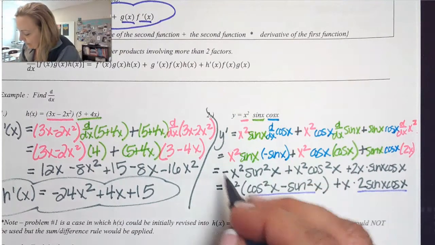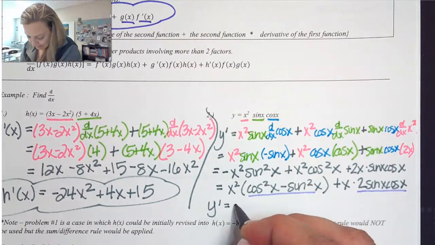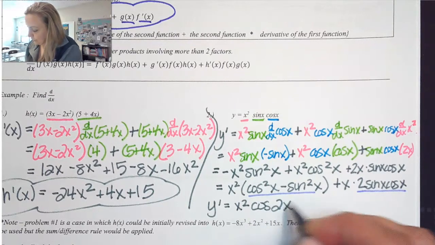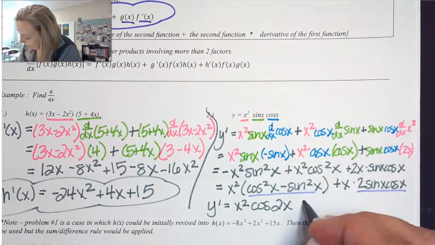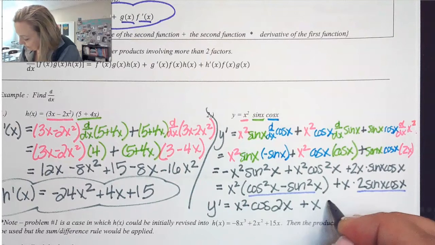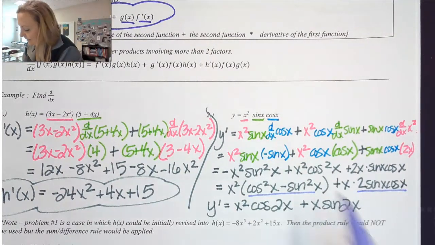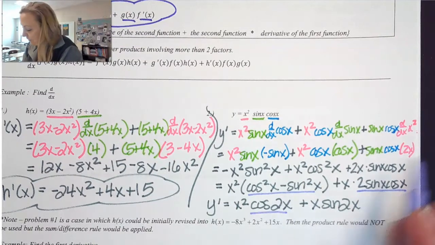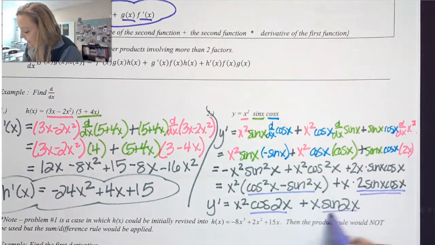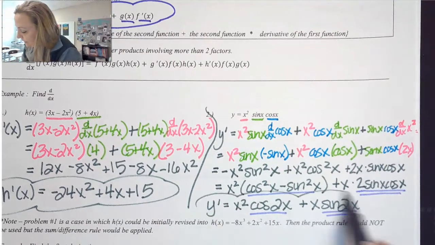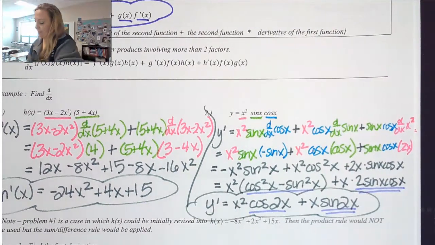And so that means that my y prime can be written as x squared times the cosine of 2x plus x times the sine of 2x. So again, this turned into cosine 2x. This turns into sine of 2x. So remember that these are utilizing the double angle formulas.